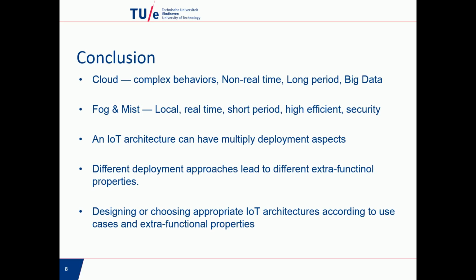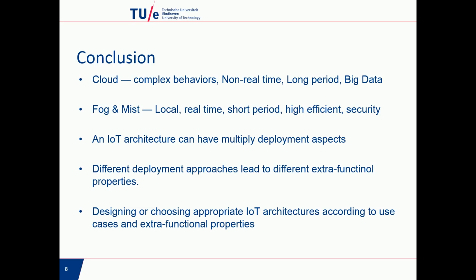Through the extra functional properties comparison of the different deployment approaches, we can now get some conclusions. First, the cloud has large storage and high processing capacity, but higher latency.